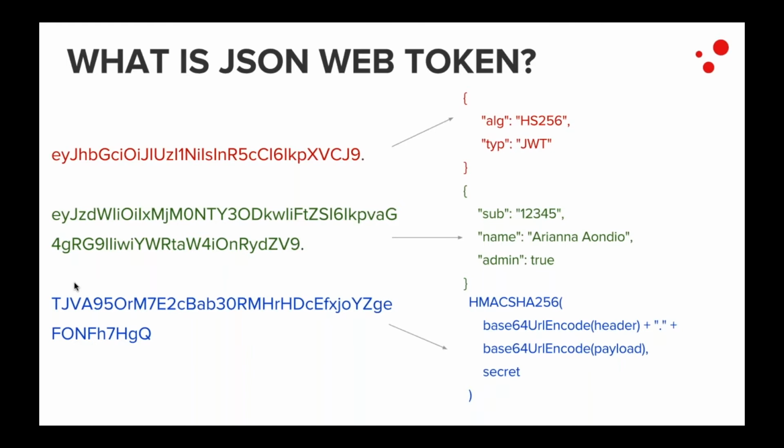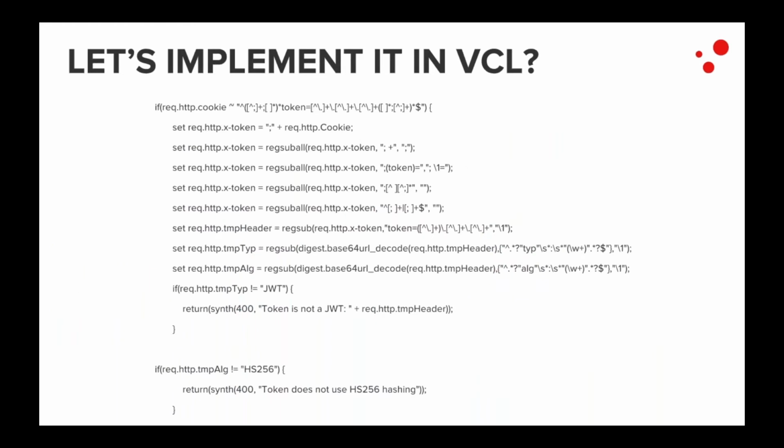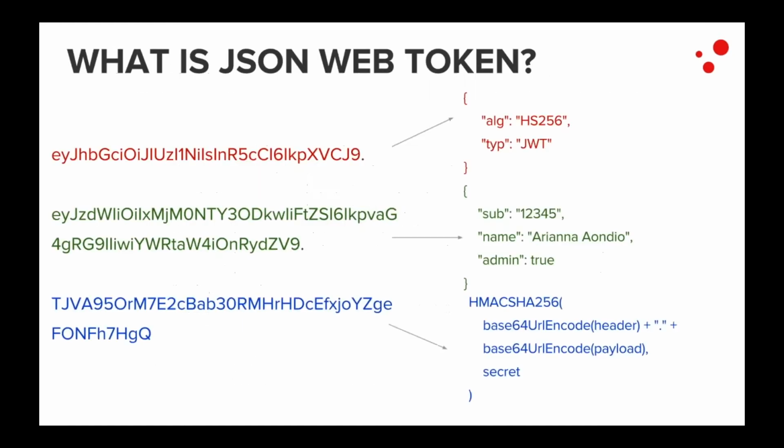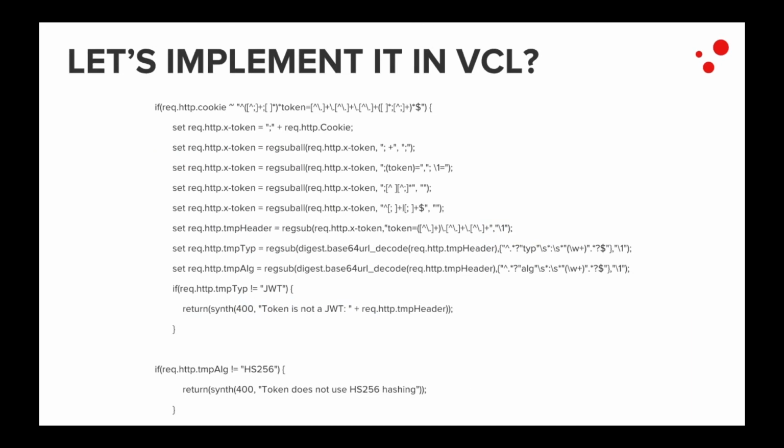So now Varnish can definitely understand what's going on here, but it's not going to be straightforward. We can implement this whole authorization within VCL. So that's the VCL you will need for Varnish to understand what's going on with this unique ID.